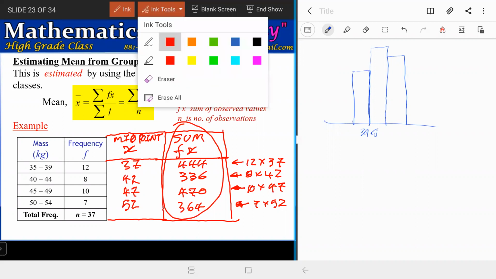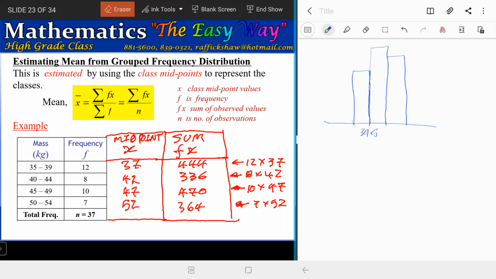All right, so I'm going to add them up. It's 444 plus 336 plus 470 plus 364, which is 1614. So this represents the total mass of all 37 balls.